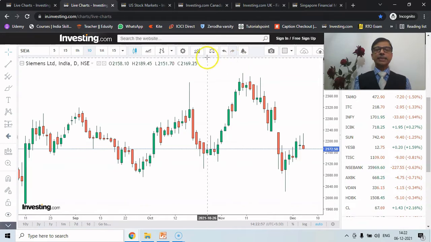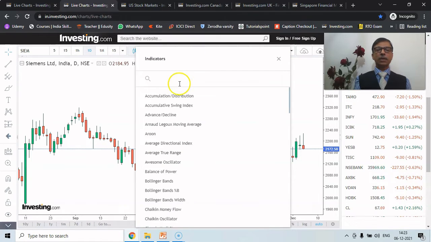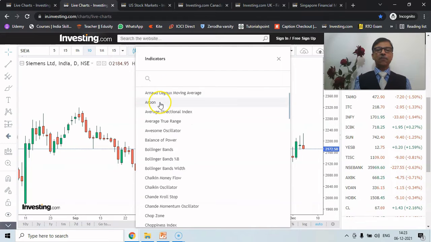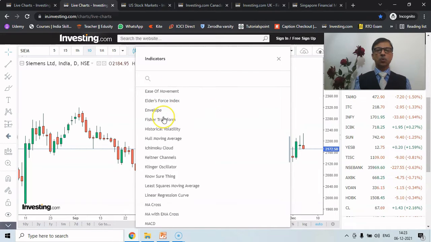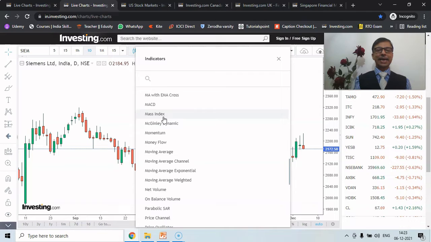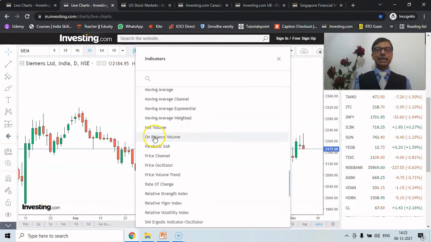Now looking for the indicators, when you go here, see this, some indicator is made here. The moment you click here, you get a drop down menu and there are various indicators which are shown here. You can select any of them. Like for example, let us select on balance volume.